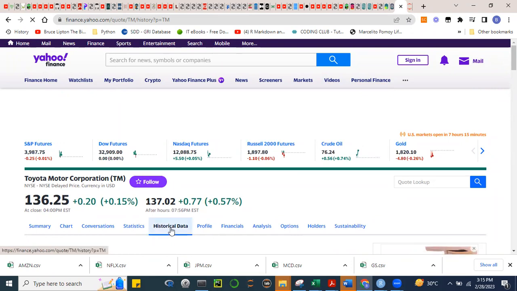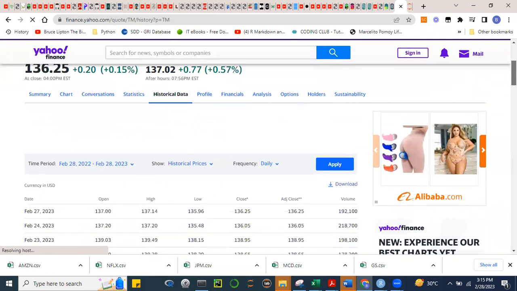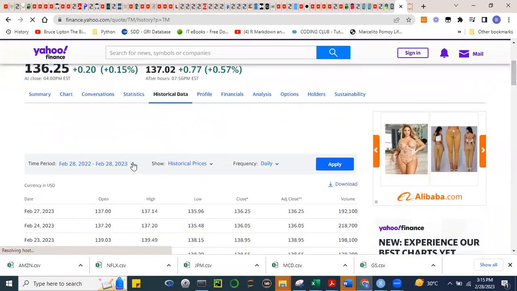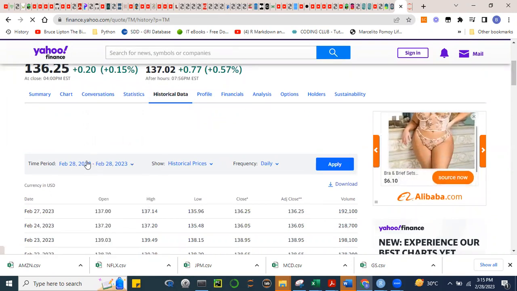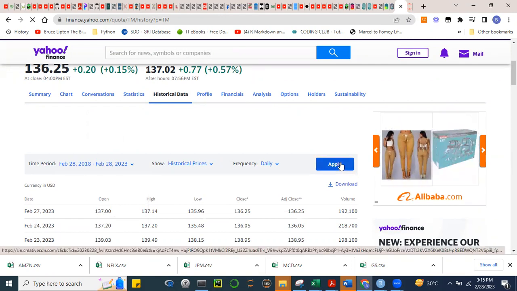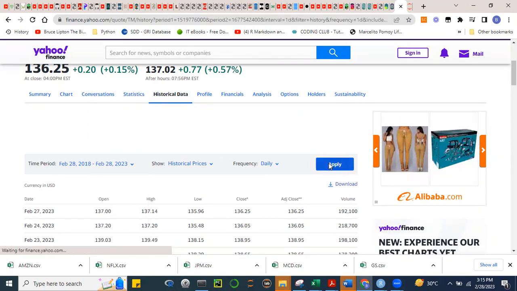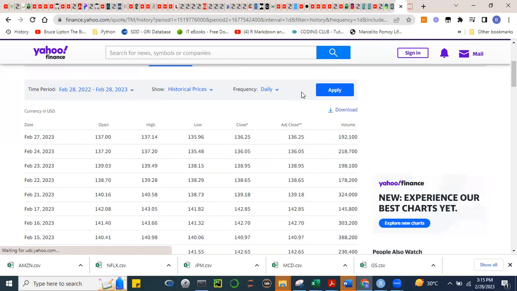I didn't do this earlier. Historical data, and then here, 5 years. The 5 years should appear here. And then, just to make sure, I apply it. Oops, look. Why does it revert back to 2022?